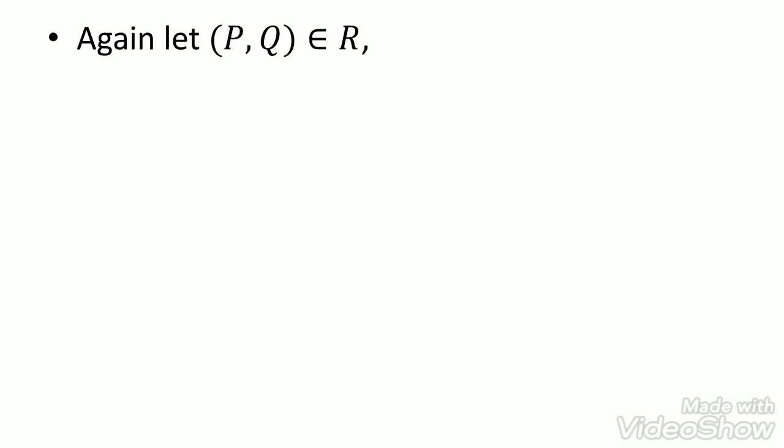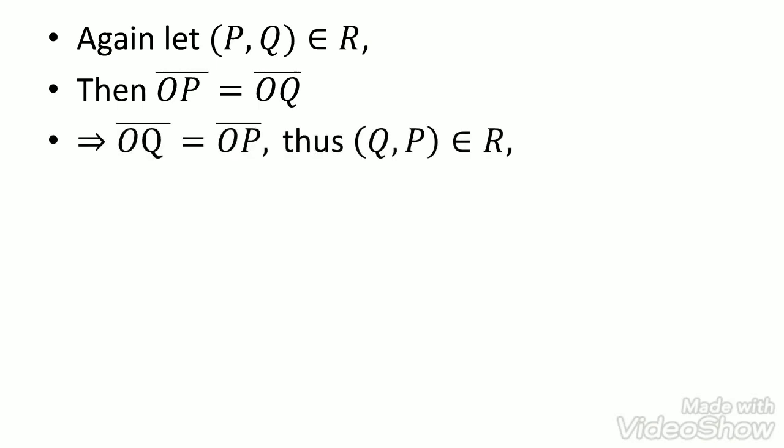For the symmetric property, we consider a pair (P, Q) from R. Suppose (P, Q) belongs to R, then OP equals OQ, meaning the distance of P from the origin must be equal to the distance of Q from the origin by the definition of the relation.